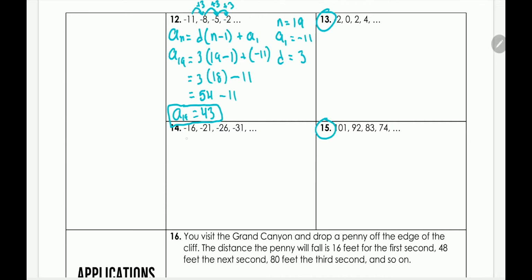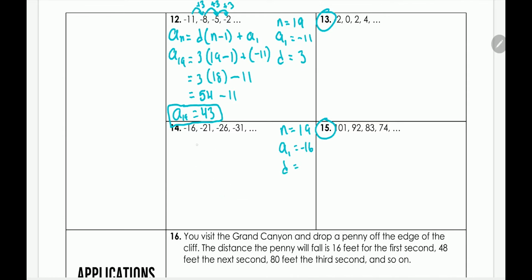So we have the sequence negative 16, negative 21, negative 26, negative 31, and that continues on. So again, we're finding the 19th term, so n is going to be set equal to 19. The first term, or a sub 1, is equal to negative 16. And let's go ahead and find the common difference.